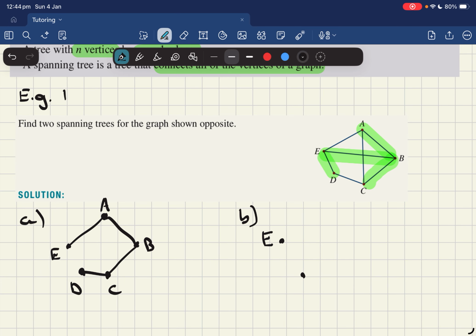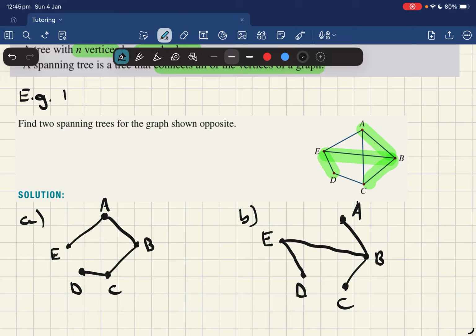We'll have D down here. We'll have B over here. We have C down here. And we have A up here. So this is another spanning tree of this graph.